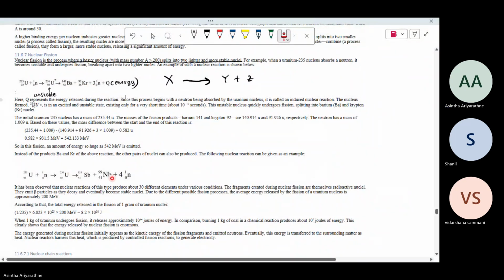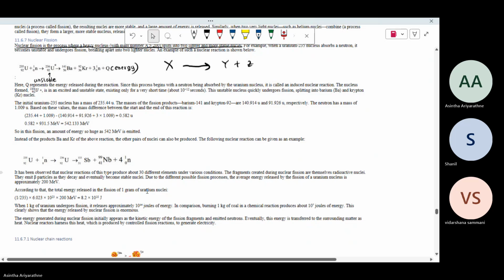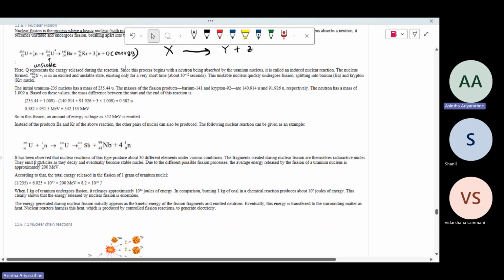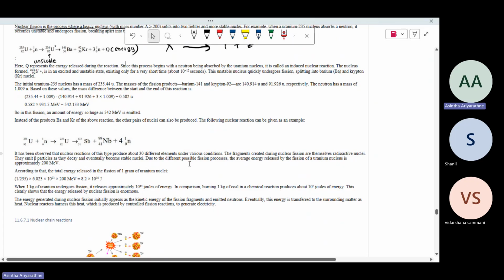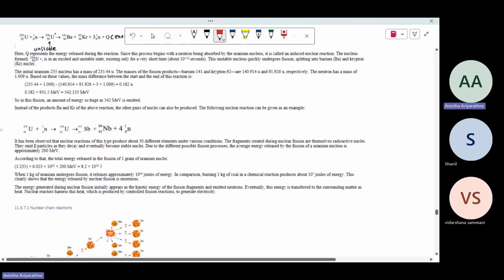Right? So during a nuclear reaction, different types of elements can be produced. Not the same elements are produced; different types can be produced. So that's the important thing about this nuclear reaction.